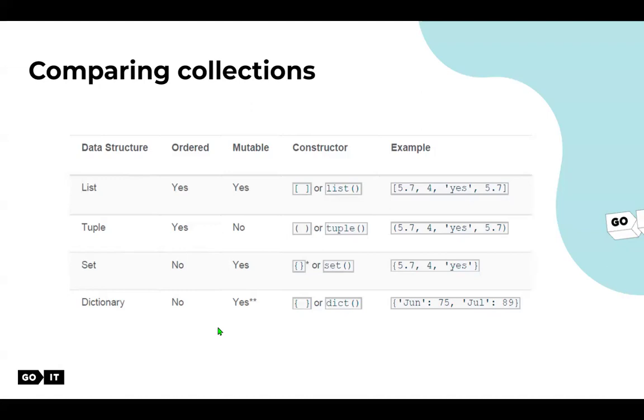And your constructor, meaning the type of brackets or enclosure that you use for the values. For lists, it will be a standard square bracket. For tuples, it will be the open and close parenthesis. Sets and dictionaries use curly braces. However, there are alternatives. If you use the constructor name first, like list, tuple, set, or dict for dictionary, you will automatically follow it with the open and close parenthesis.